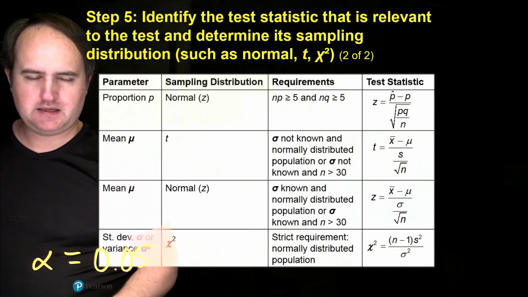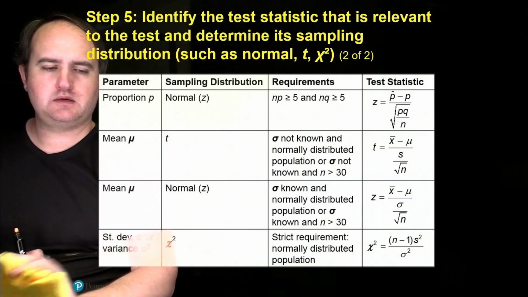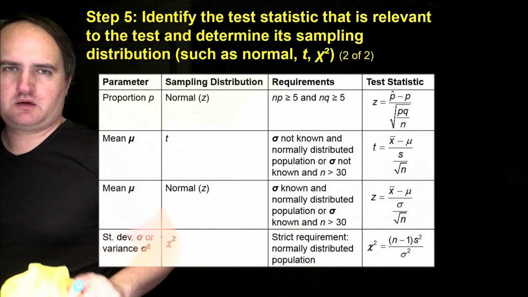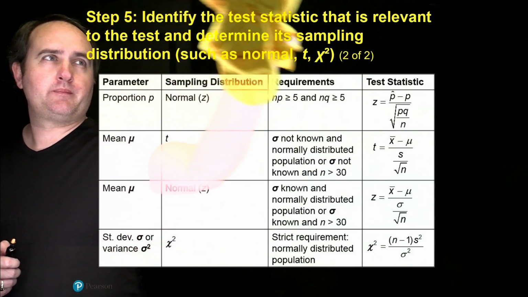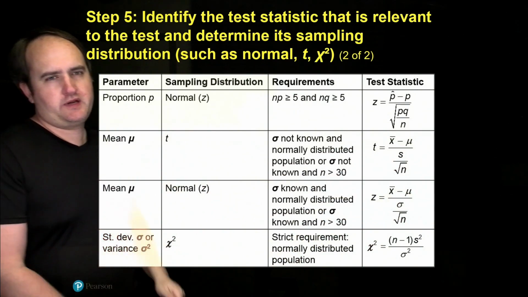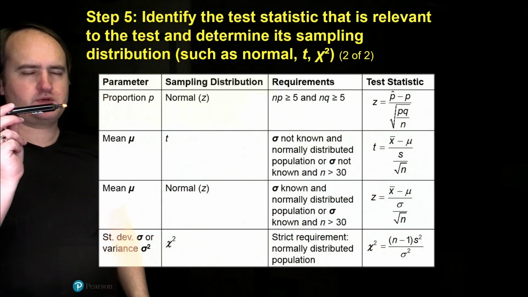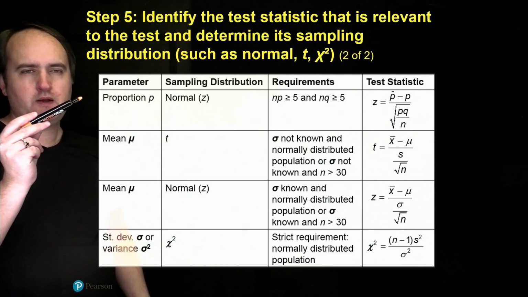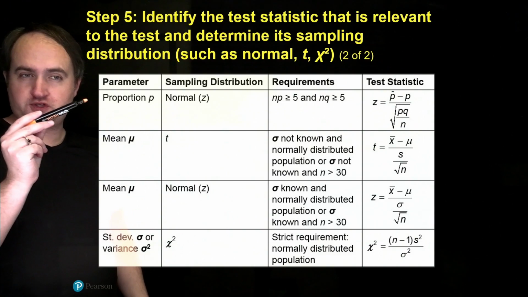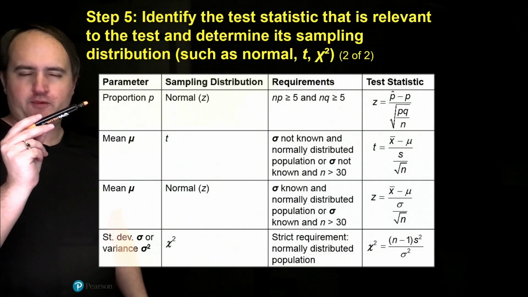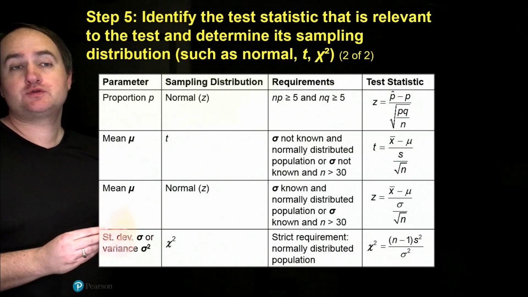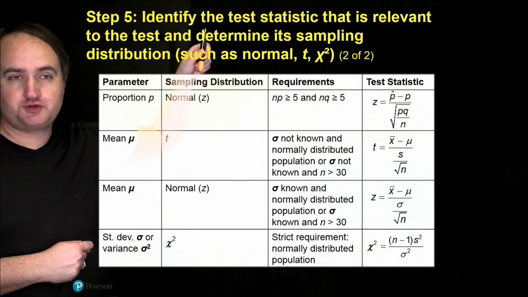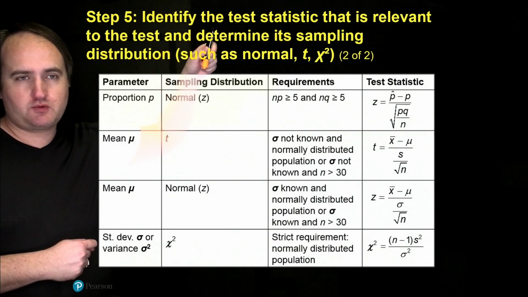Okay, so on this page, we're going to see a table which is very thorough, but at least at the time I'm making this video, we're just focusing on the first row. In this video, we're focusing on a parameter of a proportion p, and for a proportion p, we can use the normal distribution as an approximation for the binomial distribution, so we're going to be using z-scores.